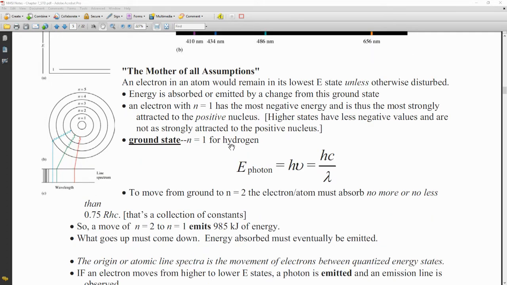So you'll notice that this equation here is really just the two equations that we talked about before being put together. And so, again, we can relate that energy of a photon specifically to the wavelength that we observe being given off by that electron.